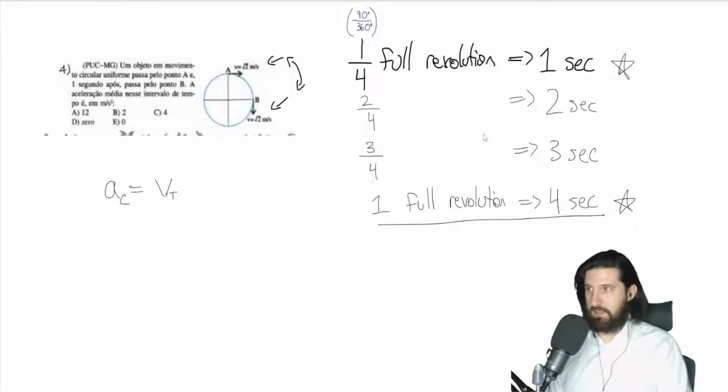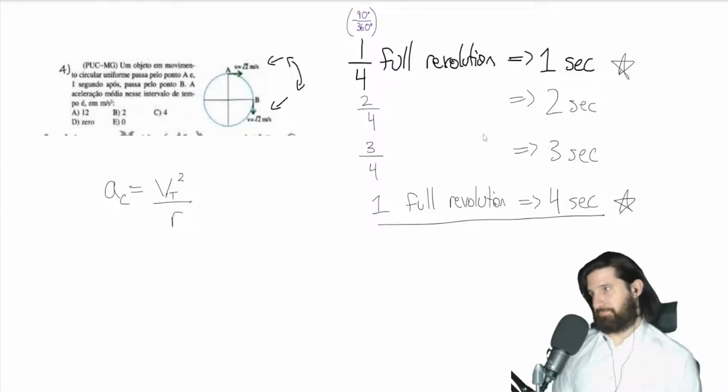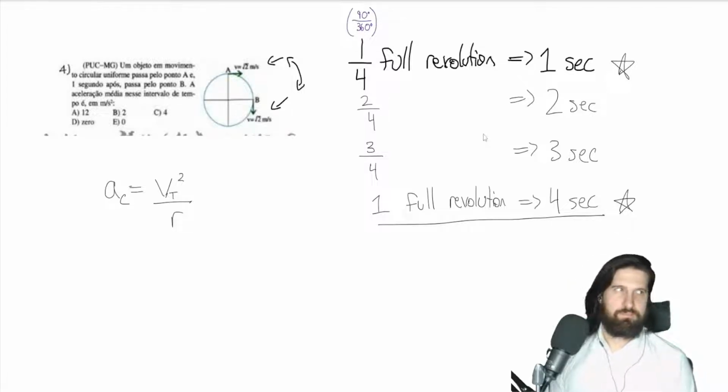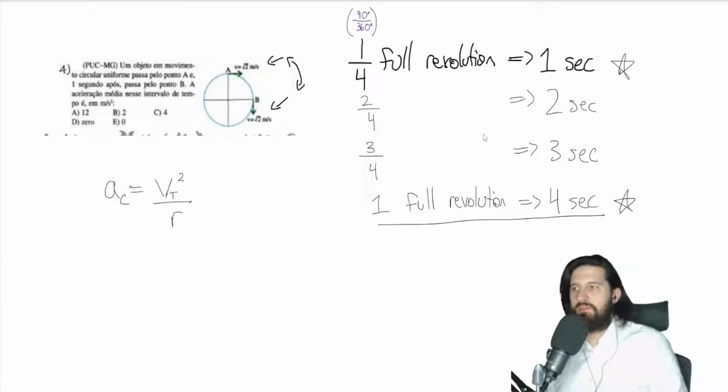It's the tangential velocity squared divided by the radius. But we don't really know the radius. That's a problem. So there's no way we're going to use this formula. There's actually another way, right?